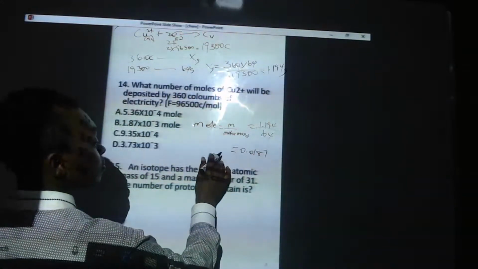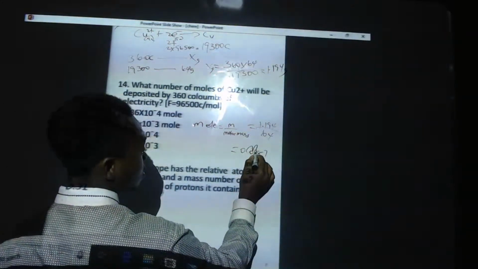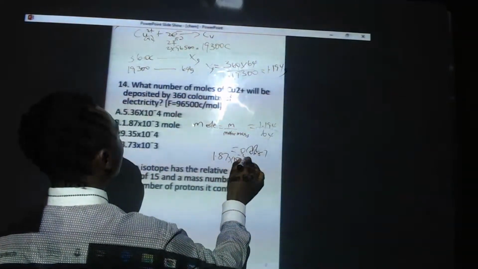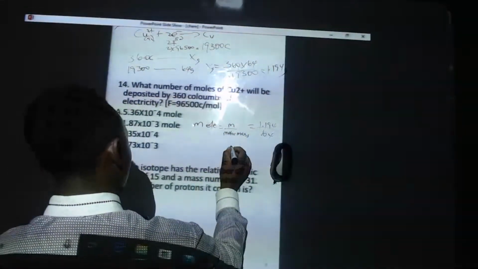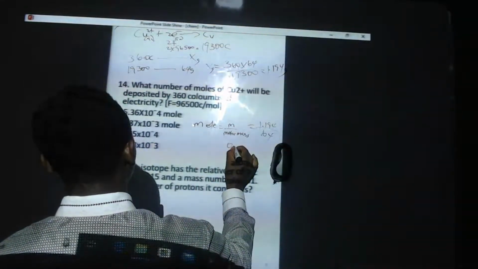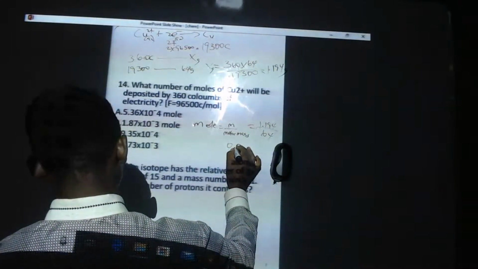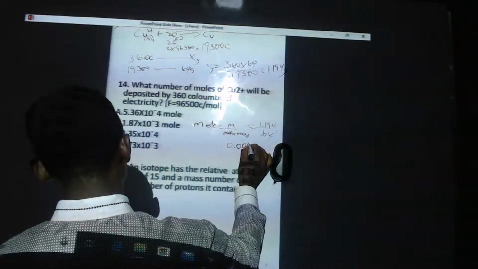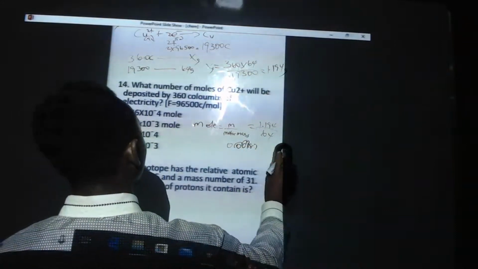We are doing it in decimal figures: this is 1, this is 2, this is 3.